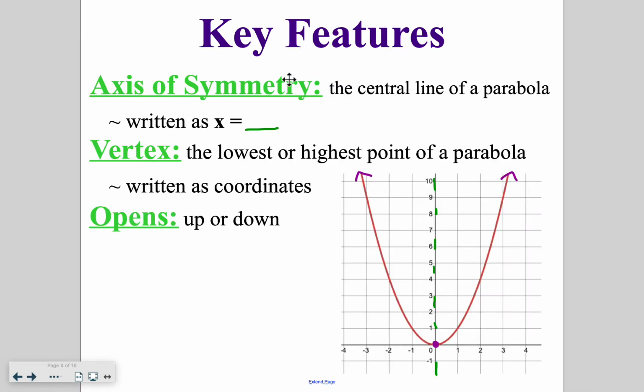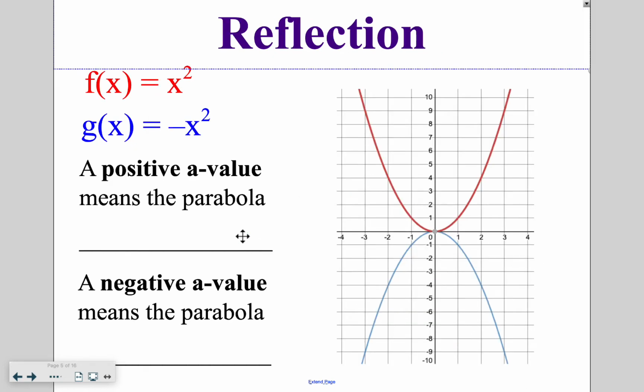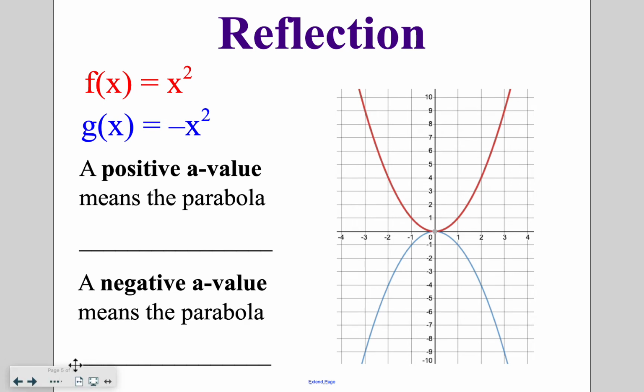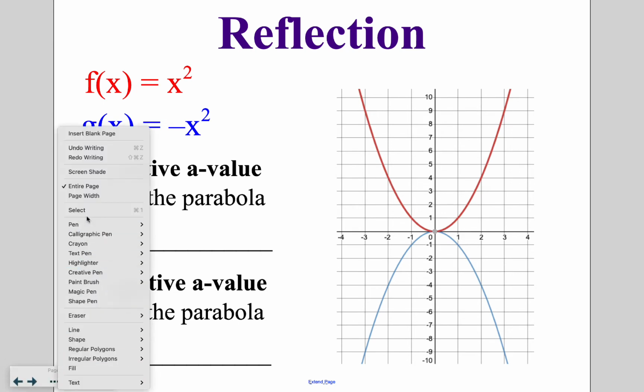The final key feature of a parabola is it either opens up, so maintains that U shape like this graph does, or it can open down, where it gets flipped upside down to make an upside down U. Now, how does that upside down U occur? That occurs when our a value, or the number in front of x squared, is going to be a negative.